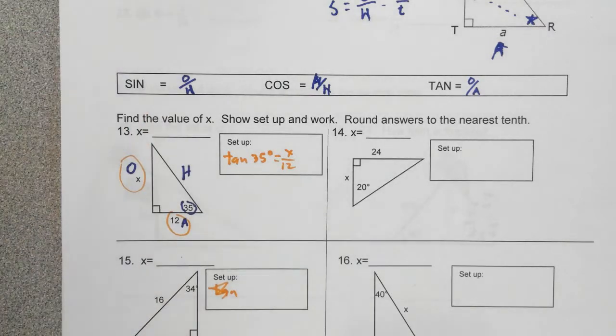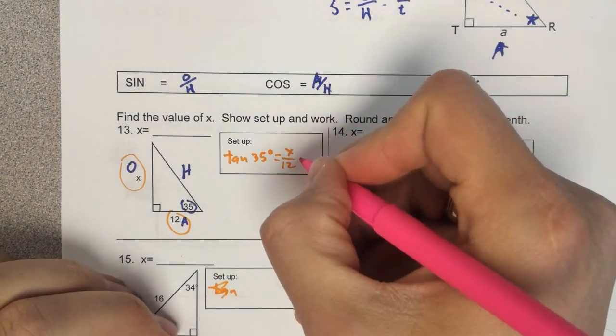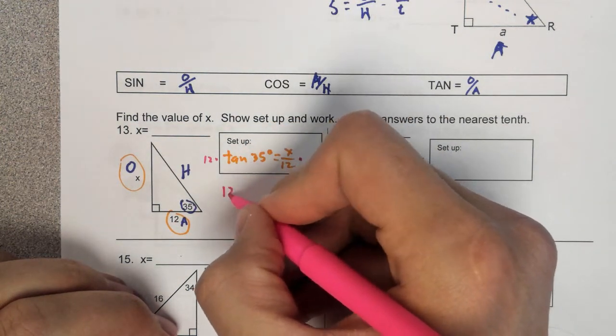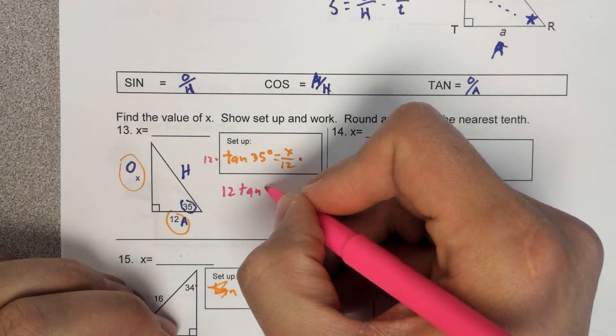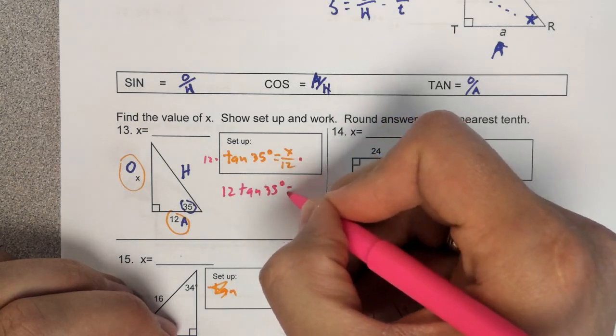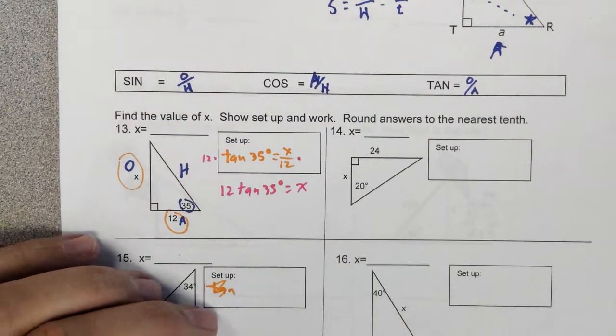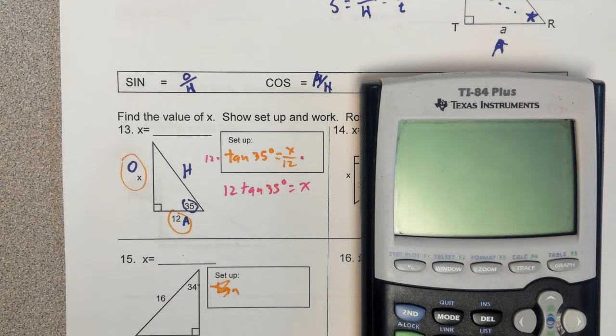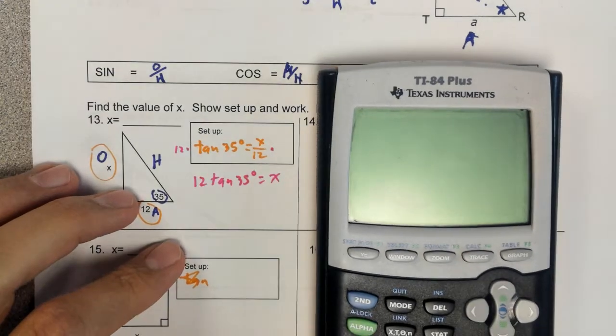We're just going to multiply both sides by 12. So we're going to end up with 12 tangent of 35 degrees is equal to X. When we have the X by itself, we can just plug it into the calculator.